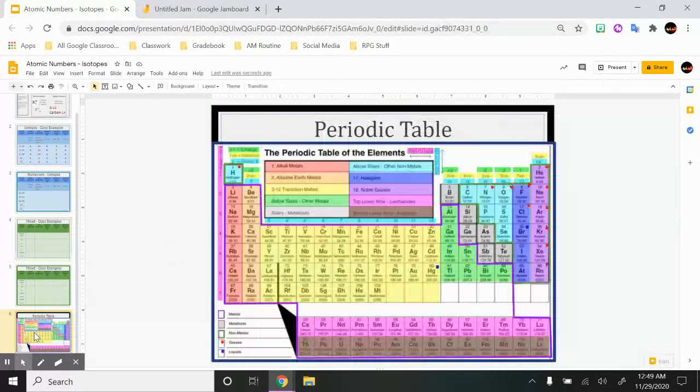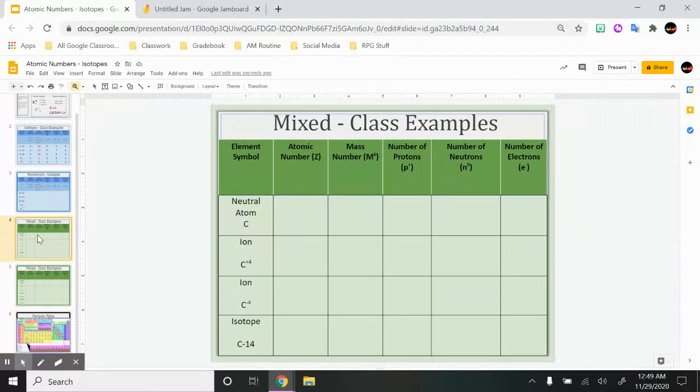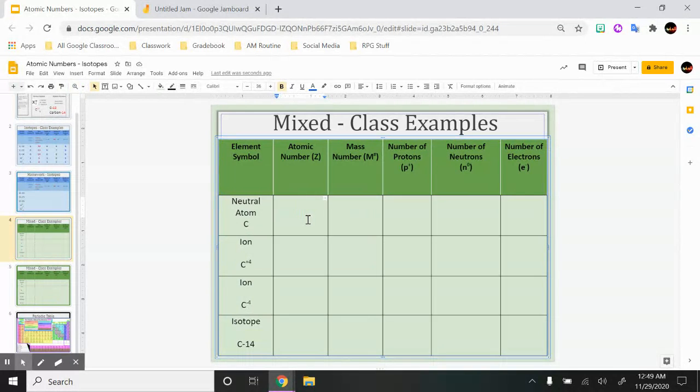So let's look at carbon on the periodic table. So we can see that for the regular old atom of carbon, the atomic number is 6, and the mass is 12.01. So let's go put that in for the first row. So our atomic number is 6, and our mass is 12.01. So we're going to round that down to 12.